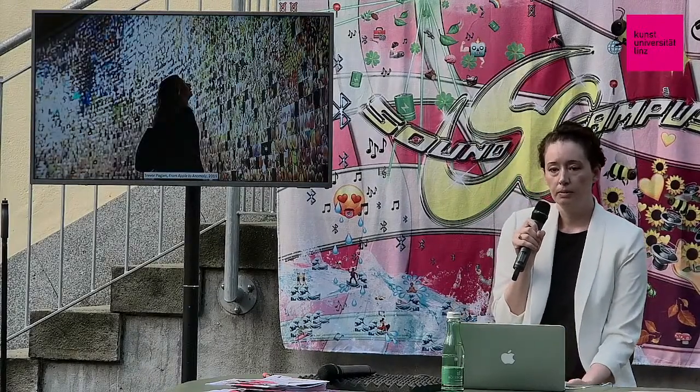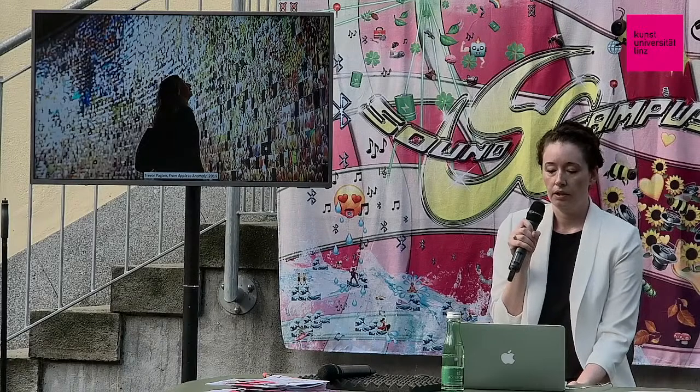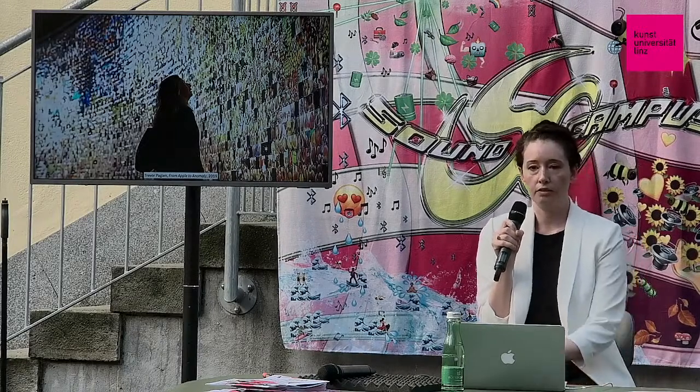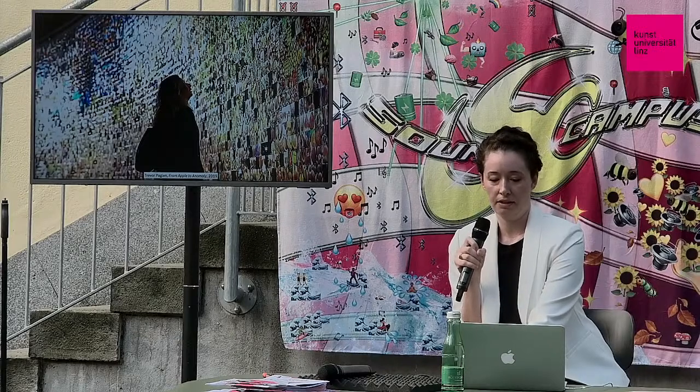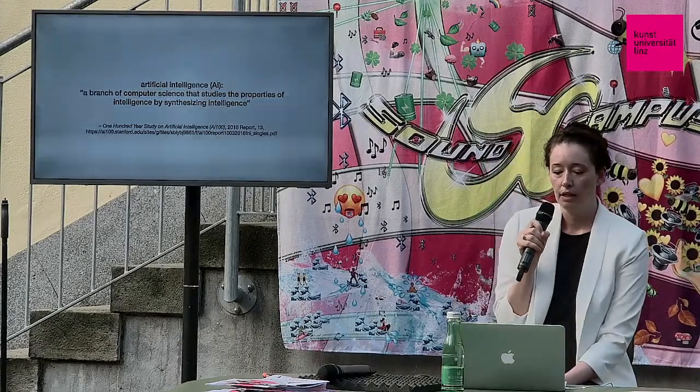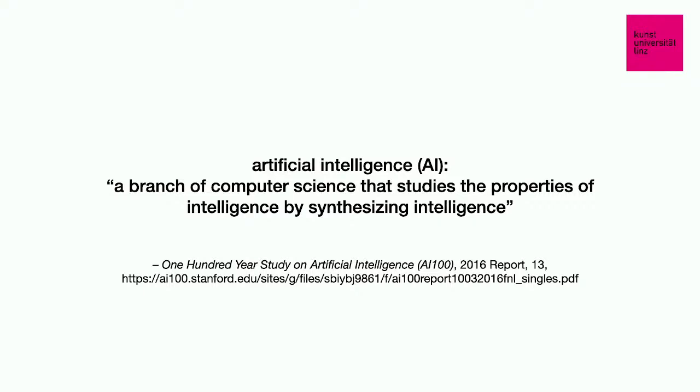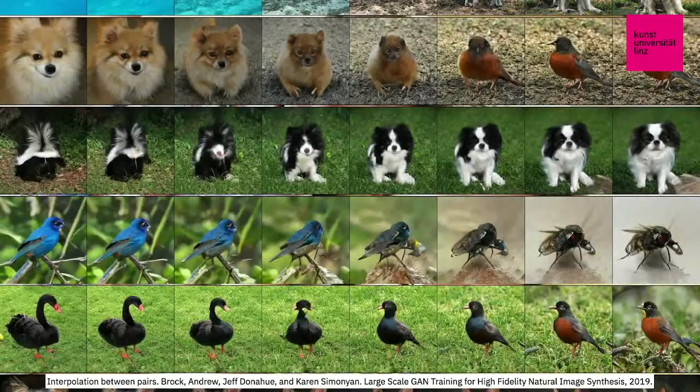So before we go further into AI and machine learning, I'll just give a quick overview of what I mean by these and some related terms. Artificial intelligence has been defined by prominent researchers in the field as a branch of computer science that studies the properties of intelligence by synthesizing intelligence.